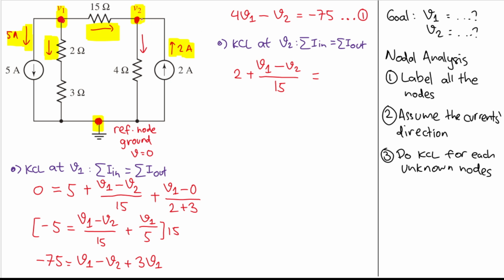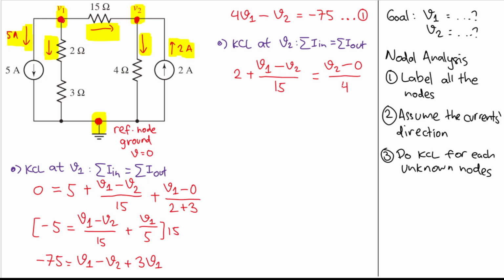We will have this current here, right? And the current comes from V2. And then the current goes to the reference node here. So I will have V2 minus 0. And remember, this is voltage. We need to divide it by the resistance between them. So I will need to divide it by 4.